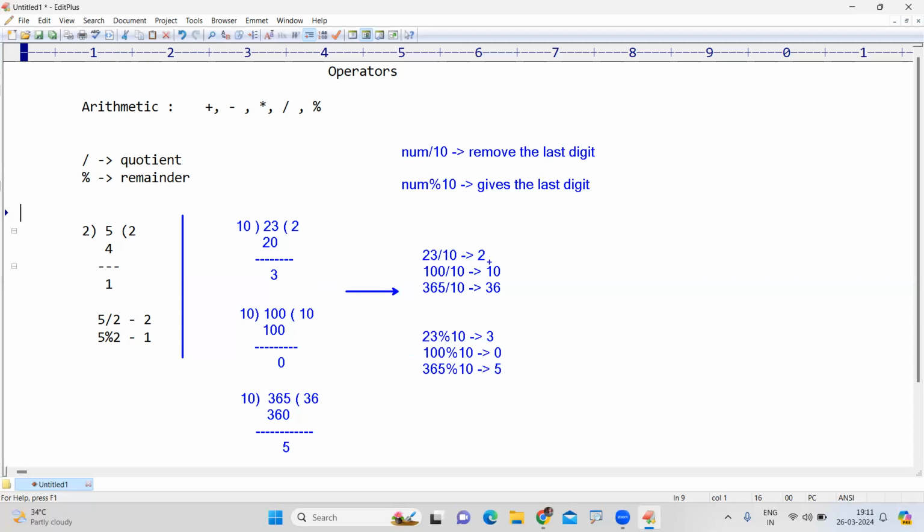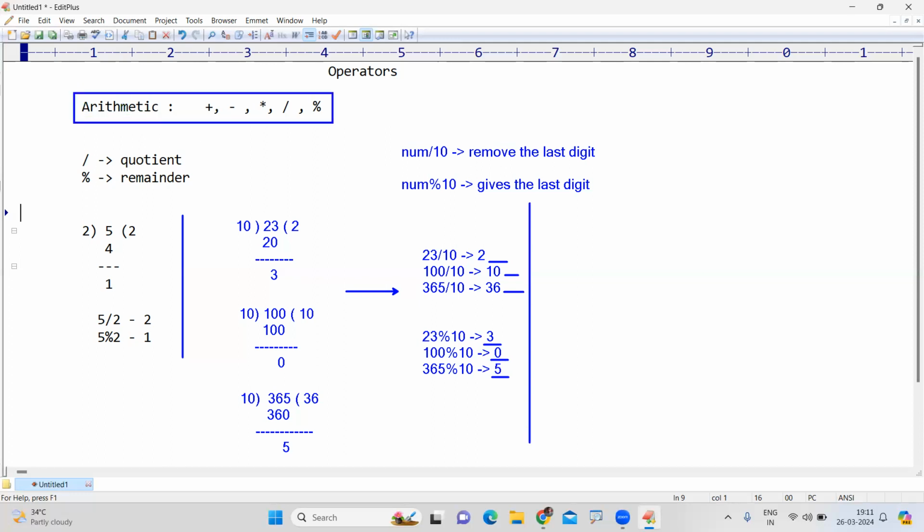Here, last digit removed: 23, 100, 365. In 23, this is the 3. In 100, this is the 0. In 365, this is the 5. Because all the while loop programs and digit based programs are based on these two concepts only. These come under arithmetic operators only.